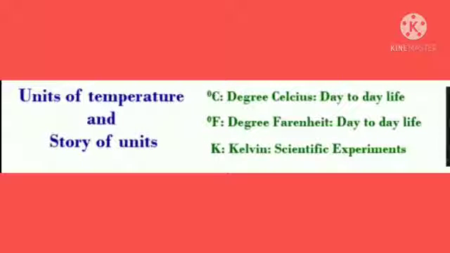Units of temperature. Temperature is measured in units of degree Celsius, degree Fahrenheit and Kelvin. Kelvin is used in scientific experiments, while the other two are used in our daily life.